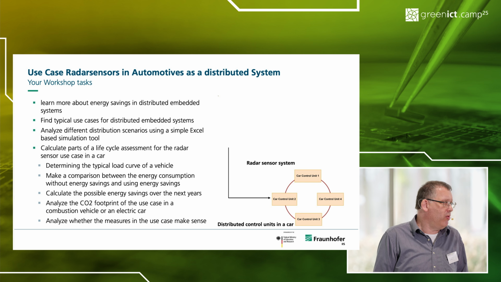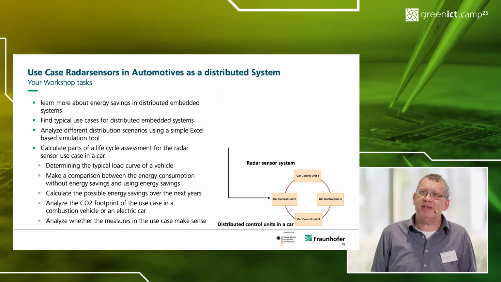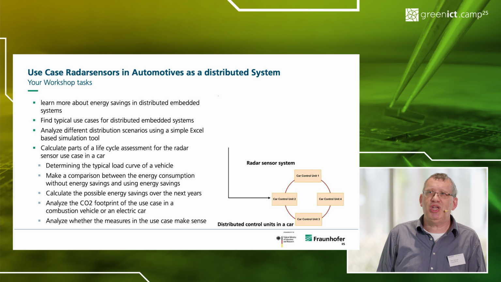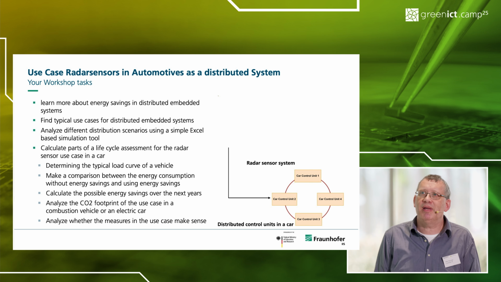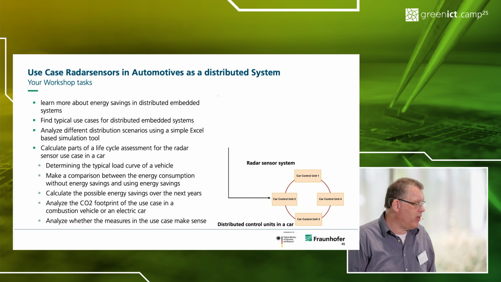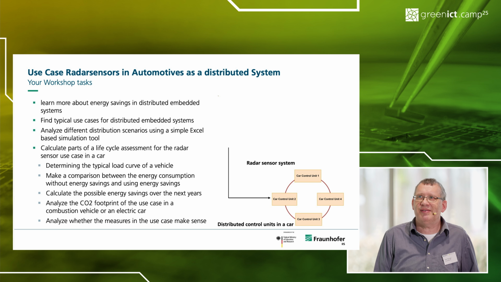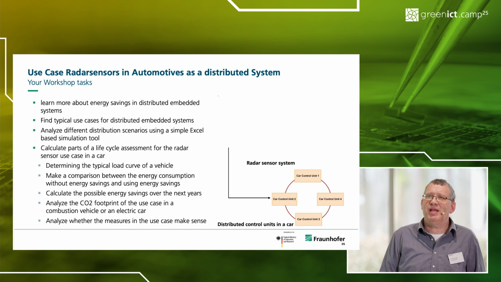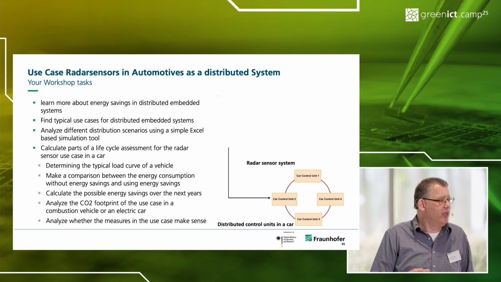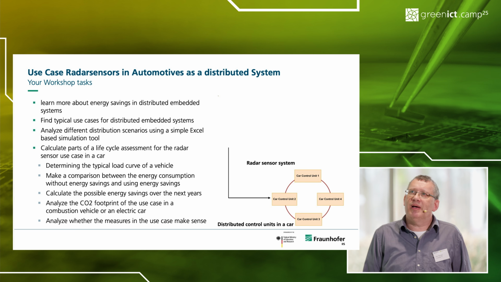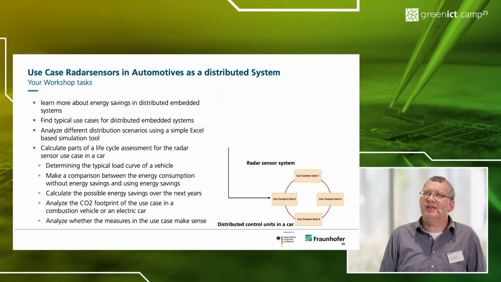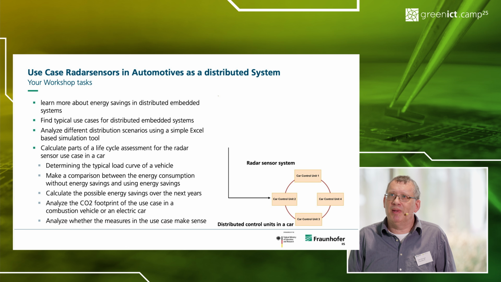Two we have learned about today and yesterday. One was 5G communication, for example, and automotive is also one. But there are many, many different other use cases. And I think to use this technology, it's very important to find typical use cases where distributed embedded systems are used.